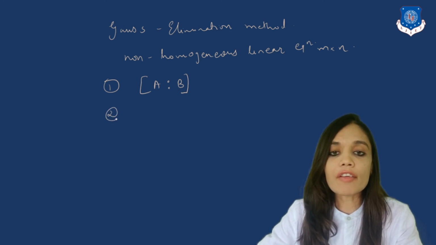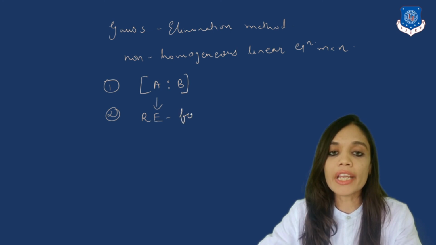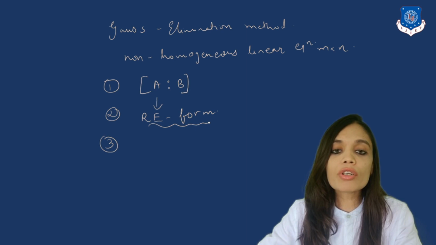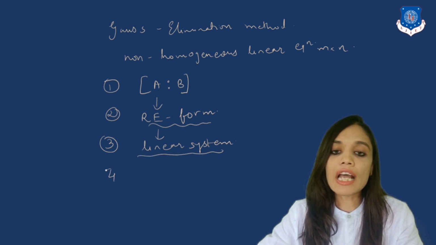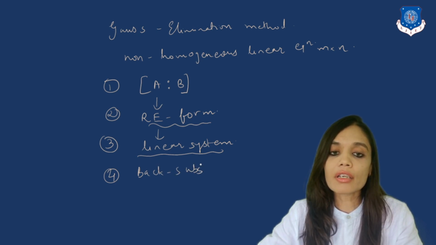In the next step, we will reduce this into our row echelon form, right? Now, in the third step, again from the row echelon form, we will form a linear system of equations, right? And solve this in the last step using back substitution, right?